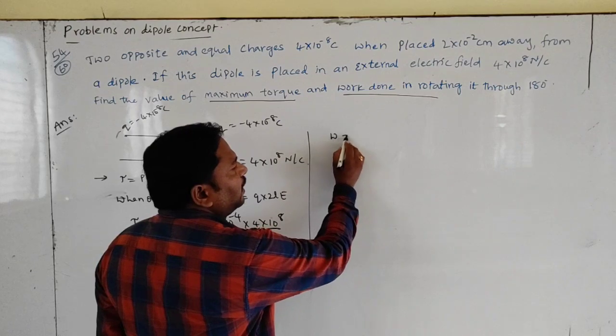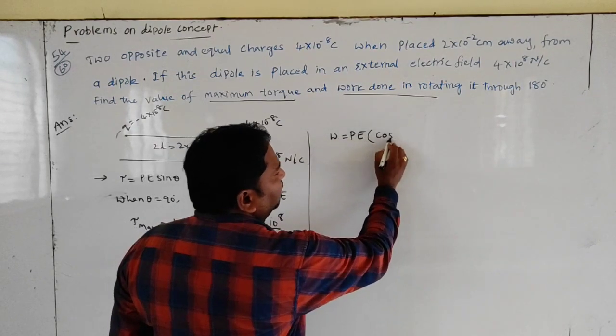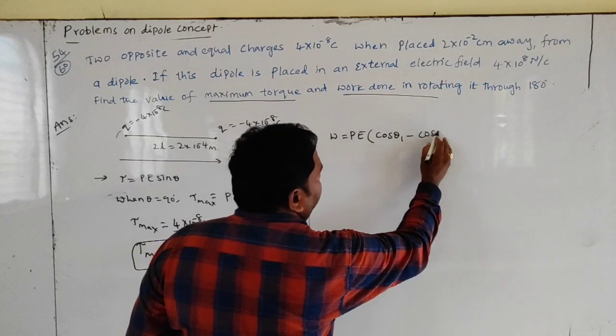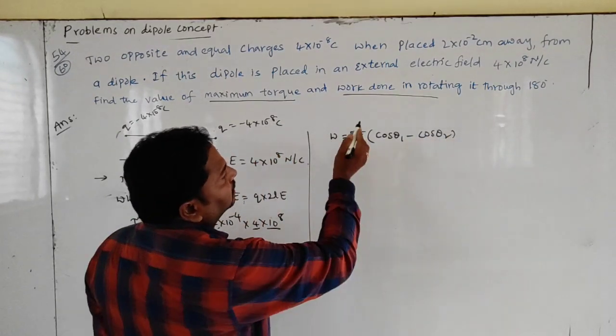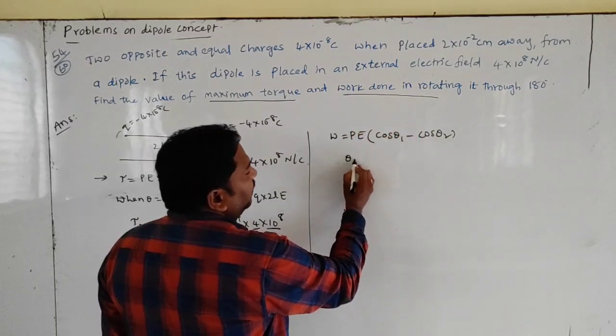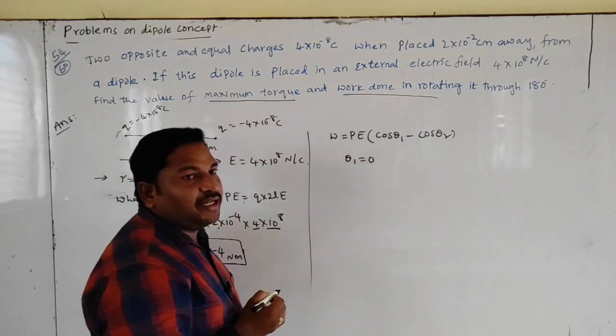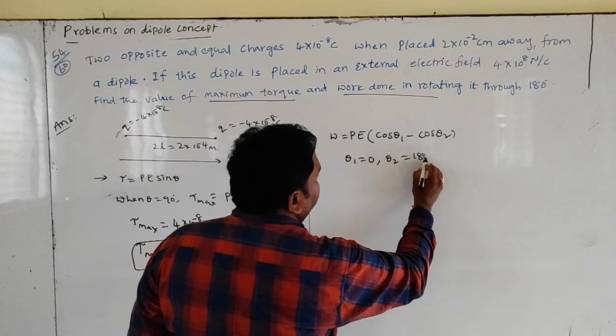Next, what about work done? Generally the work done formula is PE into cos theta 1 minus cos theta 2. Here, in rotating 180 degrees, theta 1 equals 0, initially it is at equilibrium, and theta 2 equals 180 degrees.